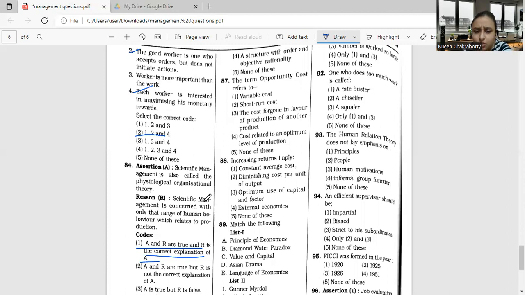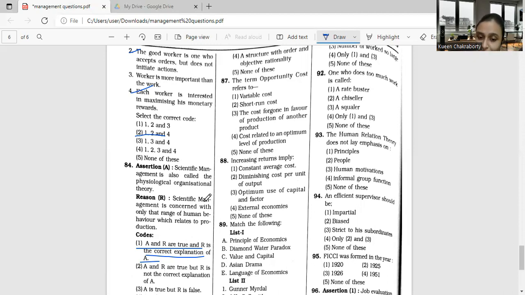Let's see, there were a few assumptions that were made in this theory. Firstly, the psychological and social aspects of the worker as an individual and his group work ought to be emphasized. The organization can be defined as a group of persons with a common objective. That is, the organization is a social system composed of various interacting parts.